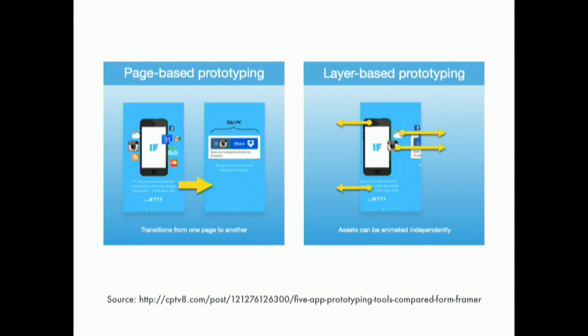The difference with Framer and some other tools is that it's layer-based. So you create your mock-ups in Sketch, in Photoshop. You ideally organize your layers properly. This doesn't work if you don't organize your layers properly. And then you animate based on each layer.